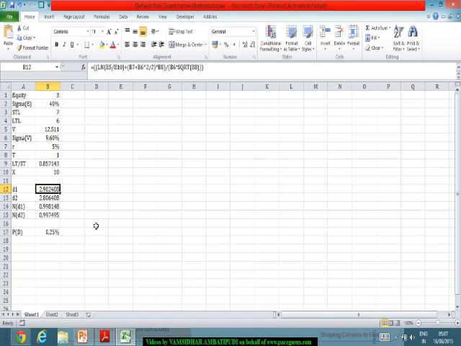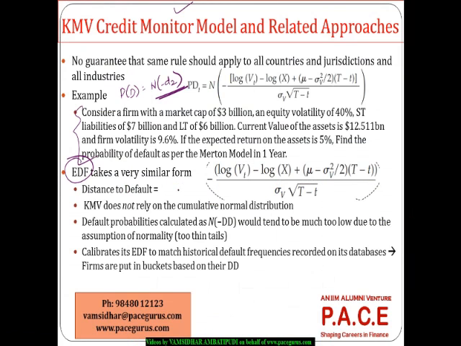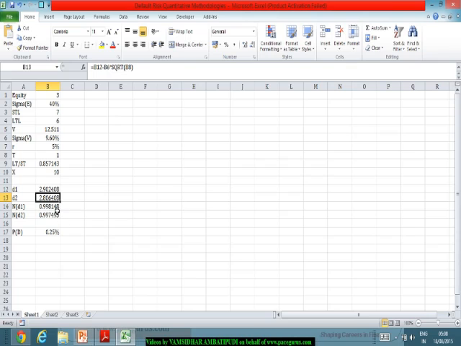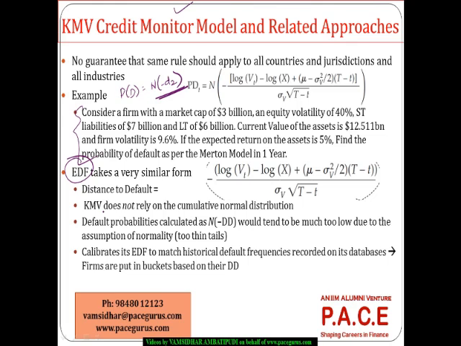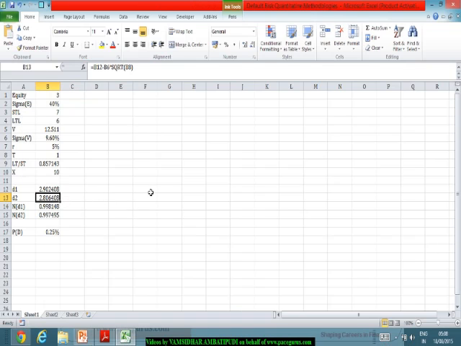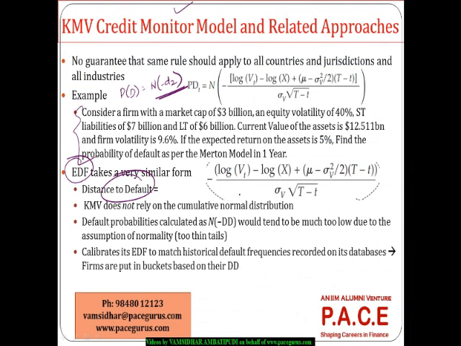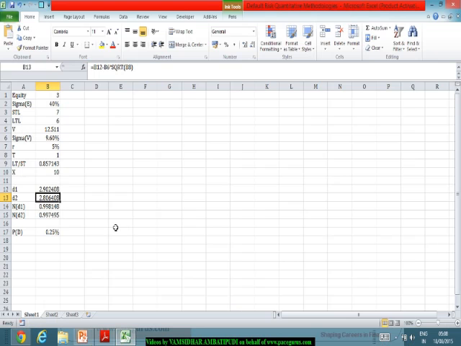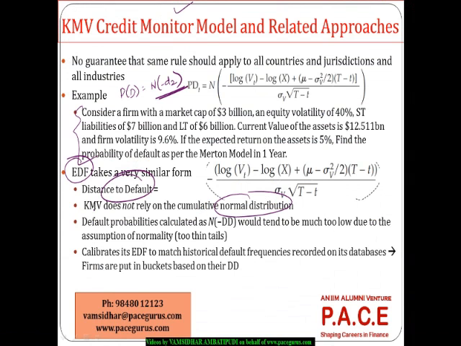Whatever D2 you have got here, call that the distance to default. So here the distance to default is around 2.8. It is not relying on the cumulative normal distribution. Whatever the computation of D2 is here, it is called the distance to default.